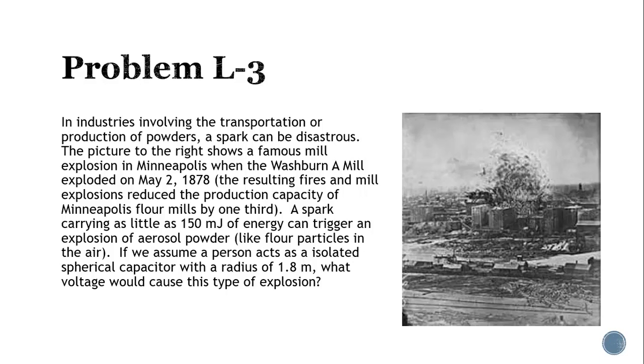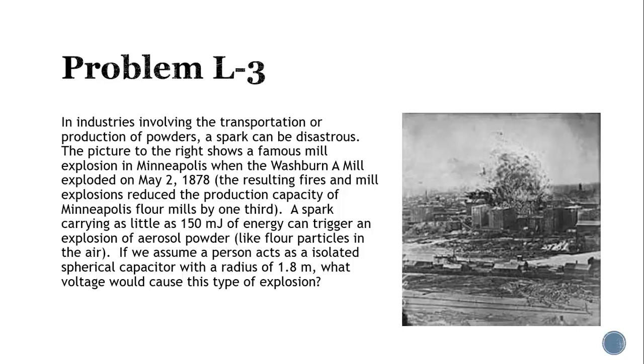This happened very, very close to us in Minneapolis, Minnesota, at the Washburn A mill, about 140 years ago, May 2nd, 1878. This happened to be one of the largest flour mill explosions in the United States, and it was a catalyst to change a lot of rules about how you produce flour. You may not know it, but flour or other milled grains, when they become aerosol powder, are highly explosive.